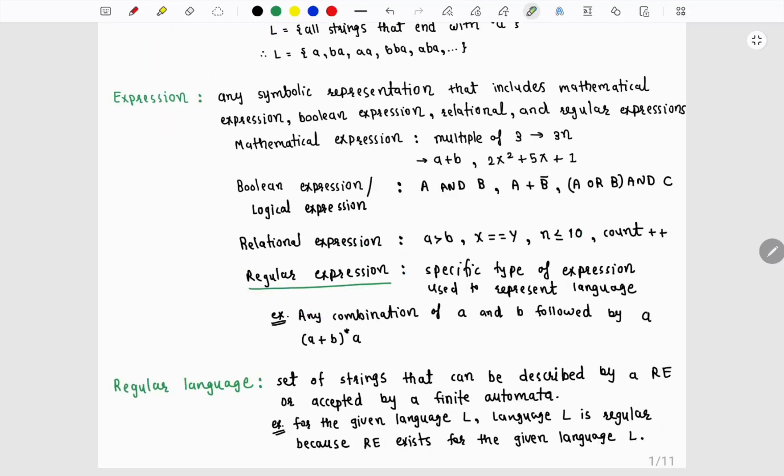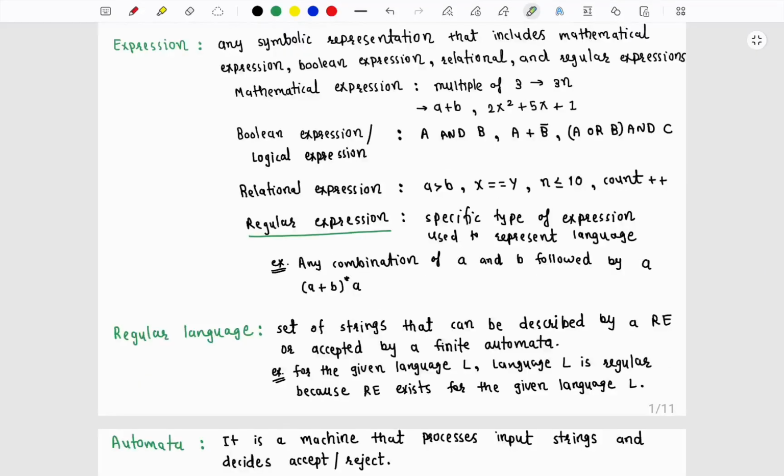For example, if any language says that any combination of A and B followed by A, then how we can write regular expression? This is how we can write regular expression for this language. Any combination of A and B. Any means n number of times. A or B followed by A.